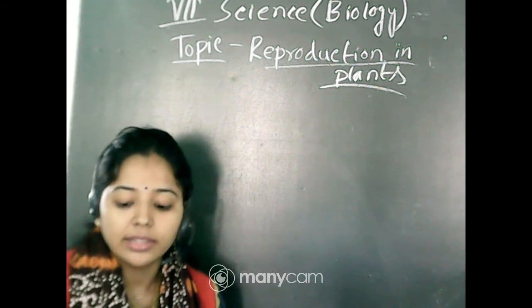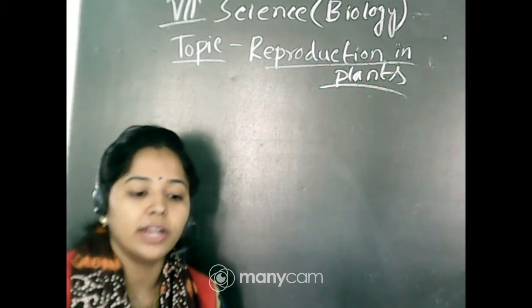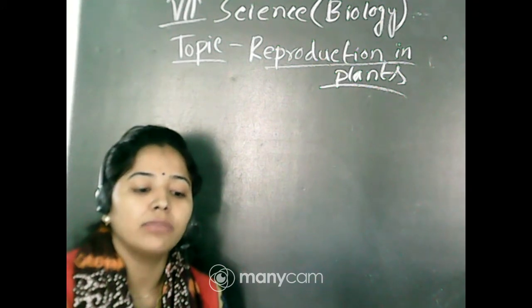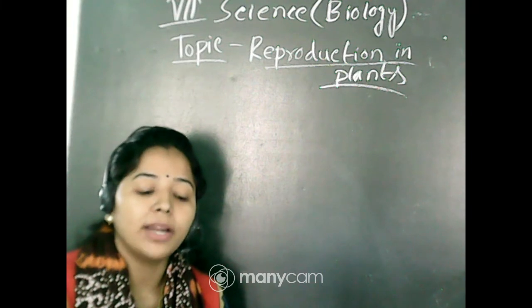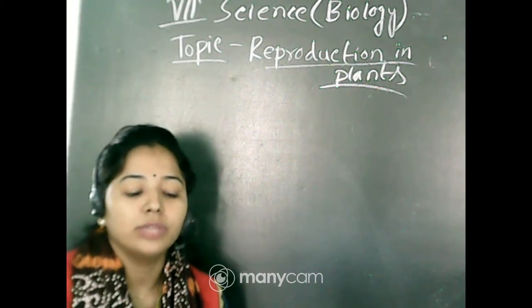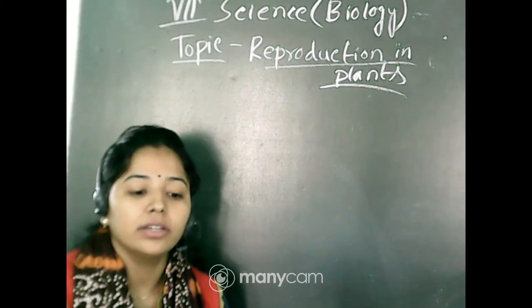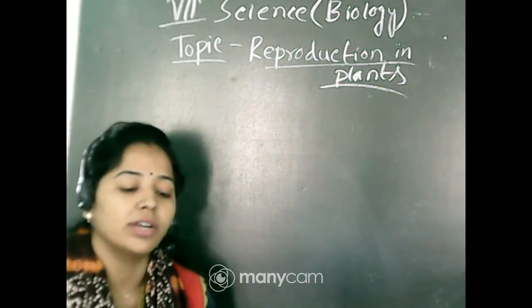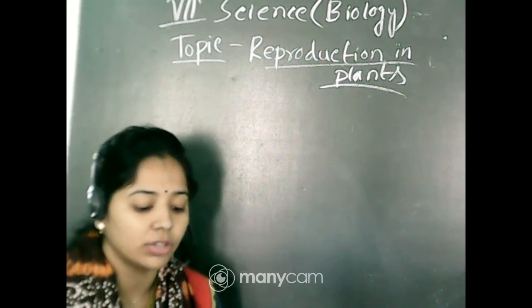And when pollen grains are transferred from the anther of the stamen of one plant's flower to the stigma of the pistil of another plant's flower of the same kind, it is known as cross pollination. Okay, I hope you understood what self pollination and cross pollination are.